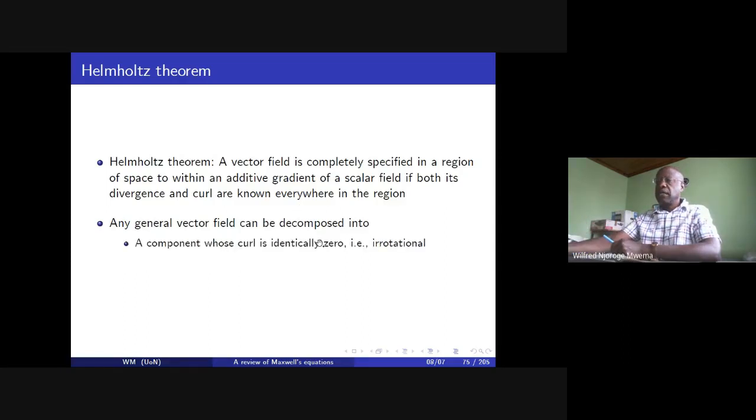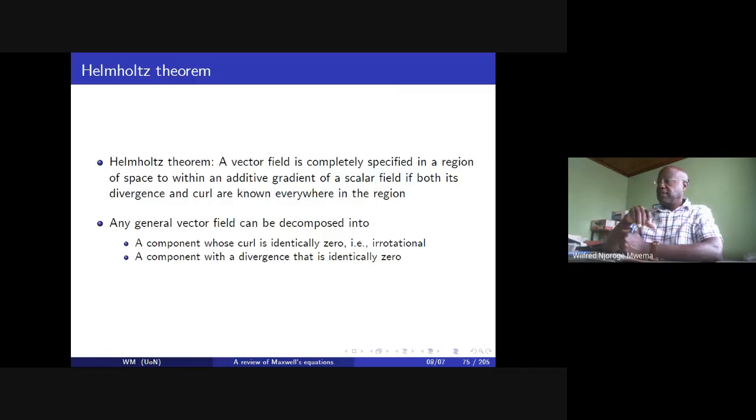Now, what we can say is that any general vector field can be decomposed into two components. One, a component with a curl that is identically equal to 0. If the curl of a vector field is always 0, we say that that field is irrotational. That is, it doesn't have a curl. It's curl-free or irrotational. And we can have another component whose divergence is identically 0.